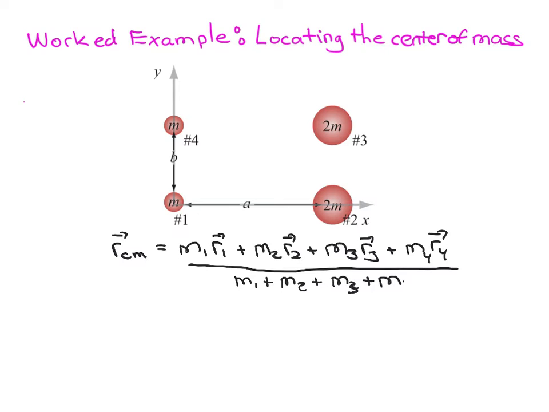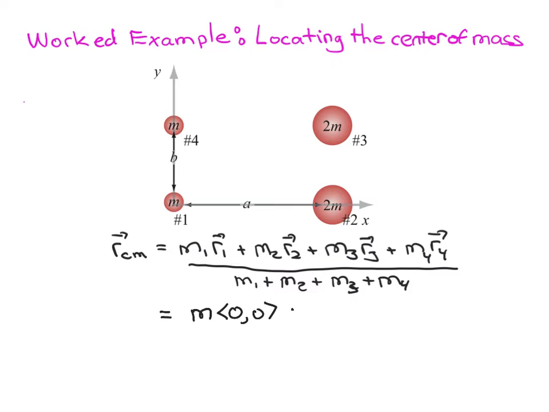That's a 3, and that's a 4. We've just arbitrarily decided to number these masses: mass number 1, mass number 2, mass number 3, and mass number 4. Now I'm going to write these down. Mass number 1 has a mass of m, and its position is 0, 0 on our coordinate system.